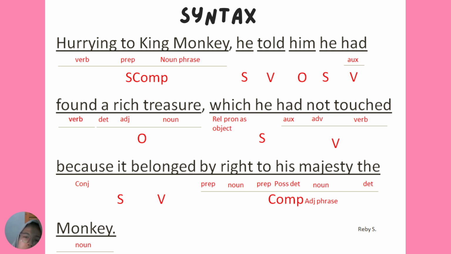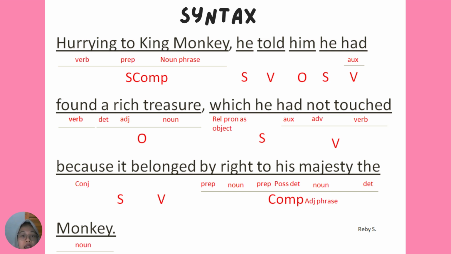Had, here had found. Had found is a verb. Had is auxiliary. Found is the verb. A rich treasure, this is object. And which, this is relative pronoun as object.